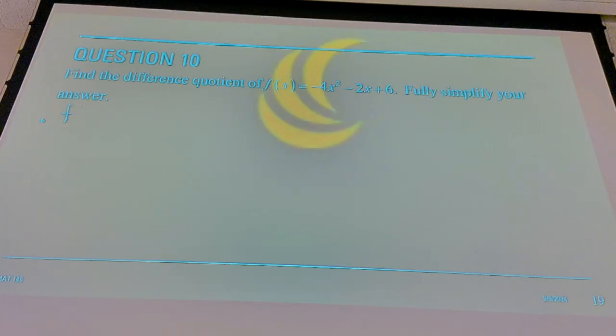Final step. Take what you just calculated, divide it by h and fully simplify. What was it?